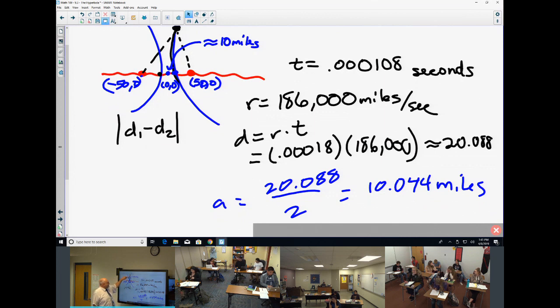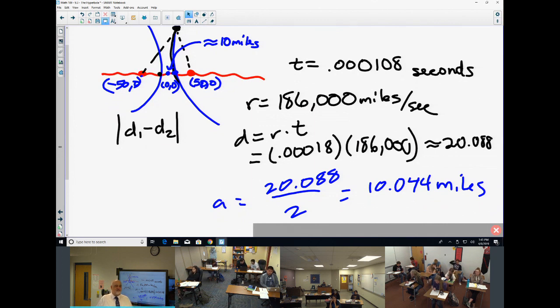So we know exactly where in the port we're going to be, where we're going to land, just based on these signals. And so the ship can navigate completely on instruments. It doesn't even have to see the path.